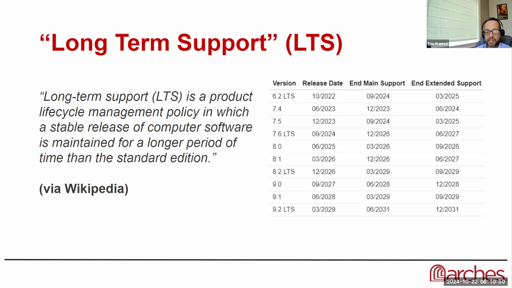And then we expect to continue support for 7.6 until the end of December in 2026. That's for the main support. And then it'll see continued patches for things like security vulnerabilities and bug fixes that may threaten data integrity all the way into June, the middle of 2027.